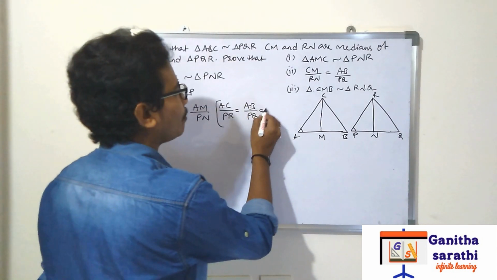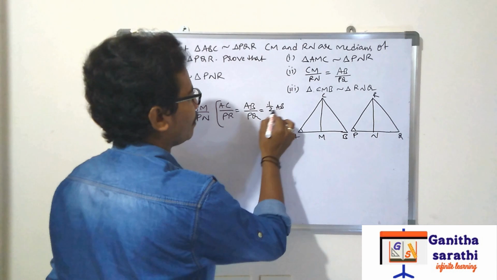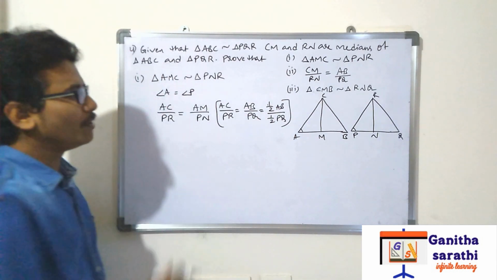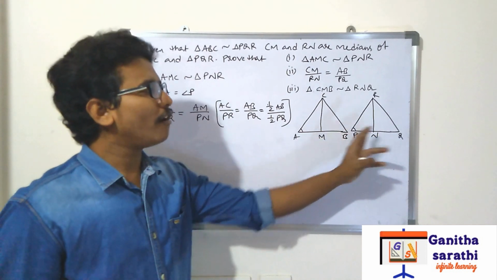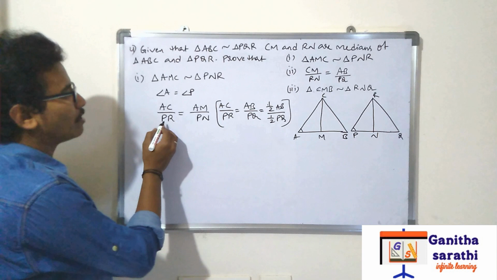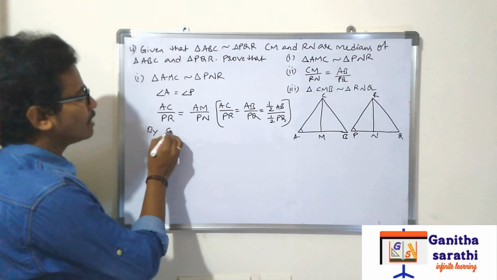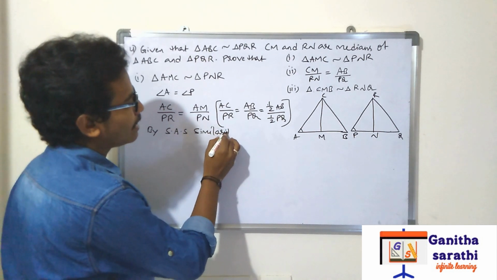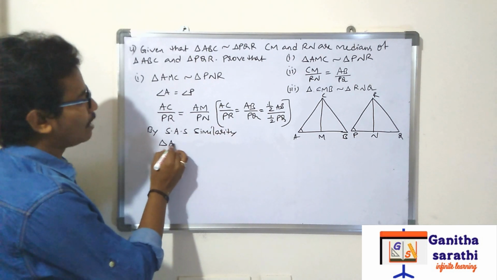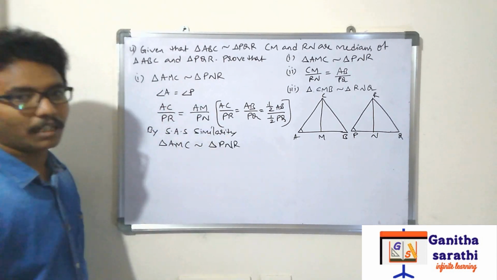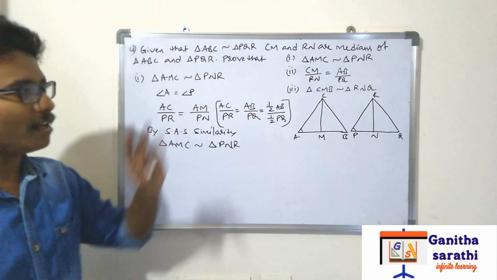If you make it half AB by half PQ, half AB means AM, half PQ means PN, right? That is the condition. So by side angle side similarity, triangle AMC is similar to triangle PNR. Understood? So this is the first proof.